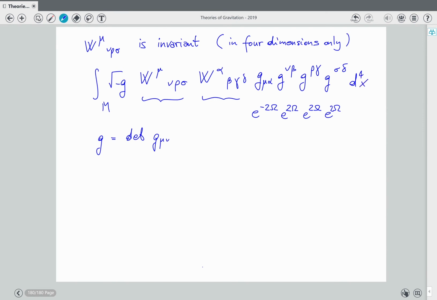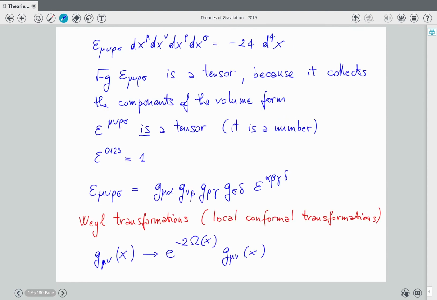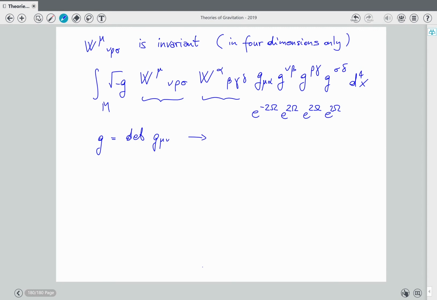And so the determinant in 4 dimensions picks 4 times that factor, e to the minus 8 omega, and the square root of the determinant picks e to the minus 4, which cancels exactly those minus 2 plus 2 plus 2 plus 2 equal 4 omegas. And that is a very, very special situation.